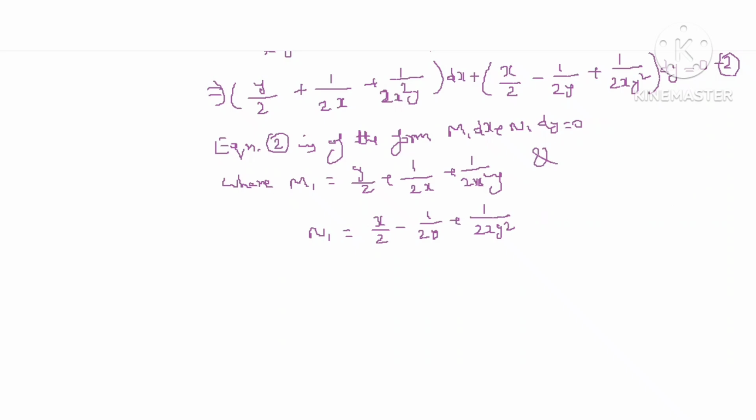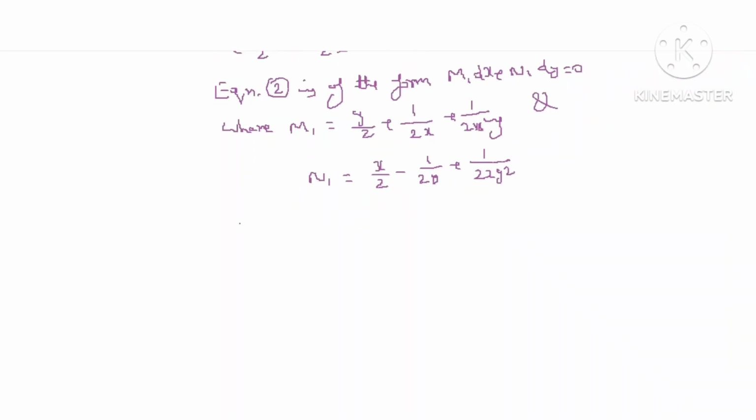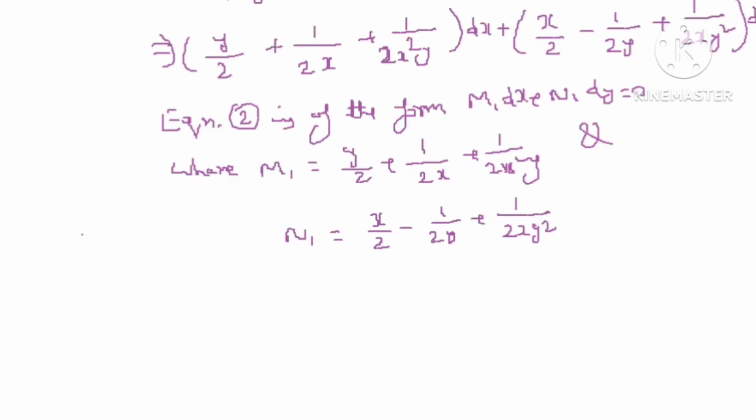Now let us find out dou m1 by dou y and dou n1 by dou x. So this implies dou m1 by dou y is equal to, derivative of y with respect to y is 1, so this is 1 by 2 plus no y term here, so it is 0, plus 1 by 2x square.